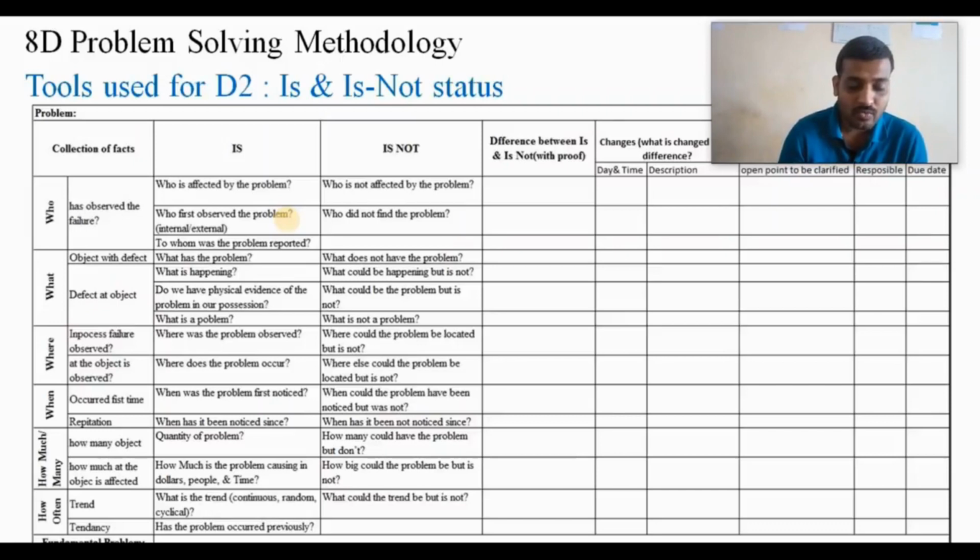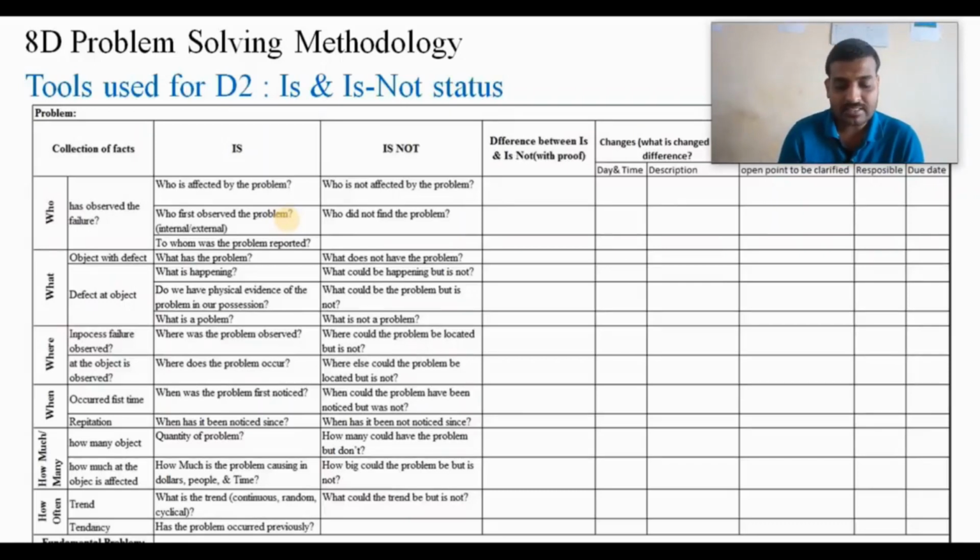Then where it was observed, where it was not observed, when the problem was first noticed, when it could not be noticed, and so on. Then the quantity of the problem: how many were affected, how many were not affected. Is the trend continuous or random?